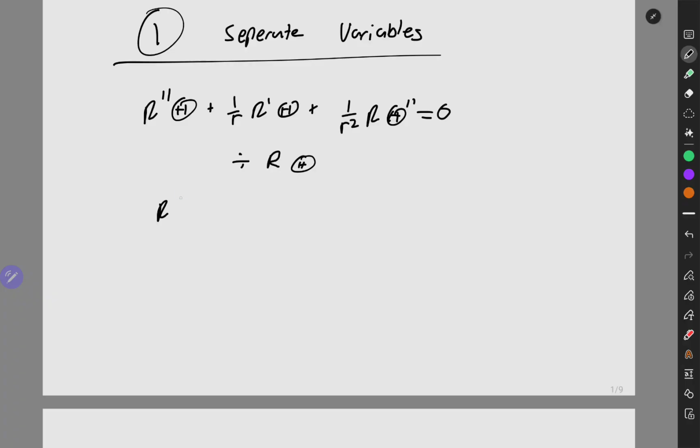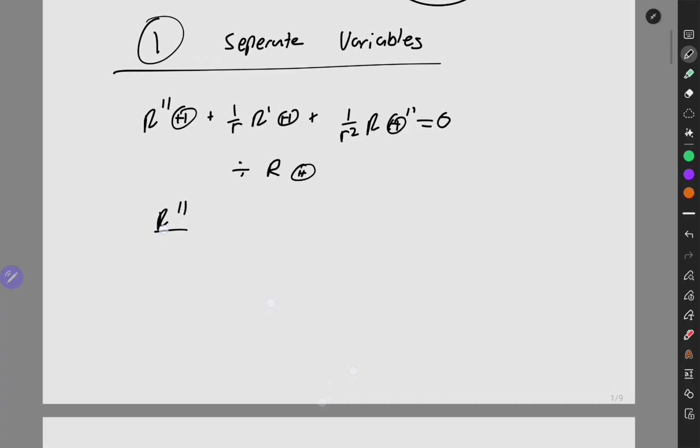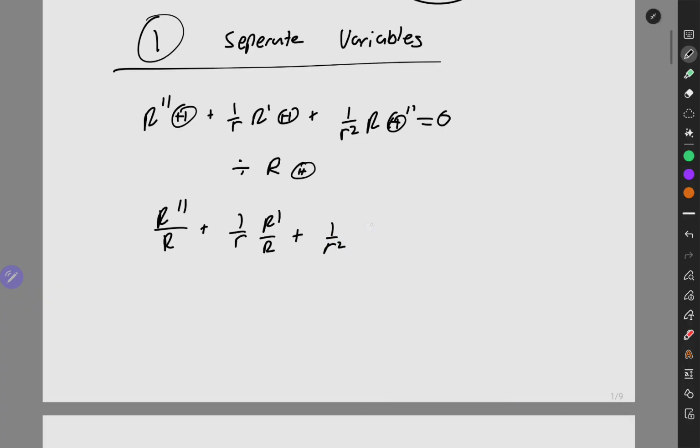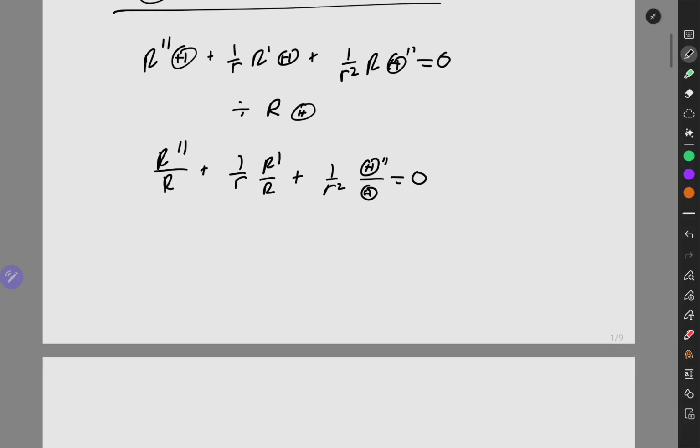This leaves us with R double prime over R plus 1 over r times R prime over R plus 1 over r squared times Theta double prime over Theta equals 0. Let's get rid of the fractions and multiply the whole thing by r squared.